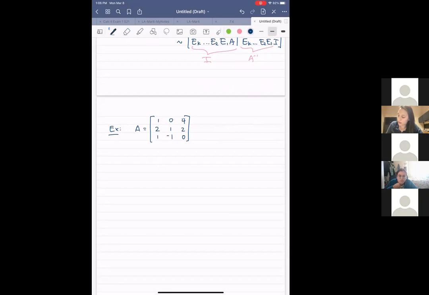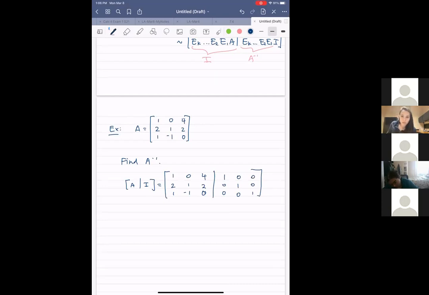Okay, so we want to find A inverse. To do that, we augment A by the identity matrix, so it will be 1, 2, 1, 0, 1, minus 1, 4, 2, 0, like that.